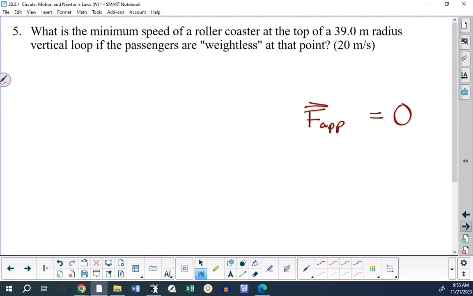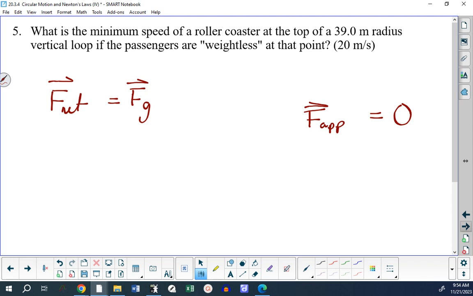Which means if you were in an elevator and you feel weightless, the only force doing anything is the force of gravity. And the same thing is true here. We can say that this net force is really just going to be provided by the force of gravity. And whether we put vector symbols on this and talk about forces with direction, or whether we put absolute values, doesn't matter, because at this point in time, this is the only force that's acting on you.